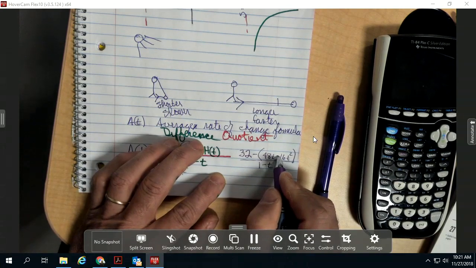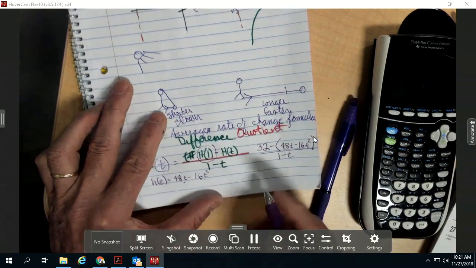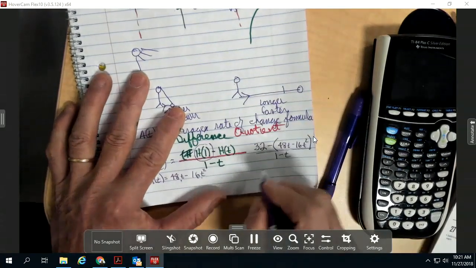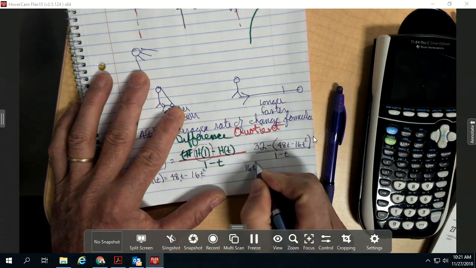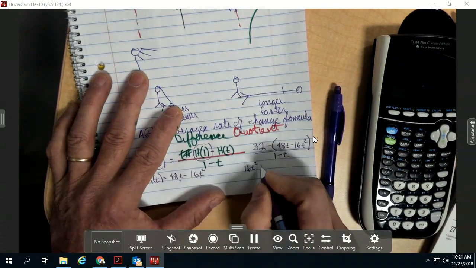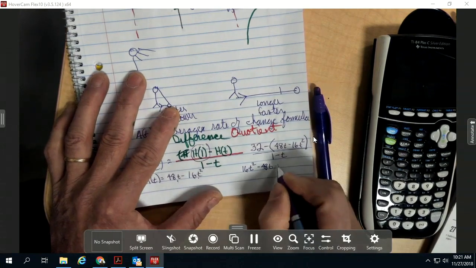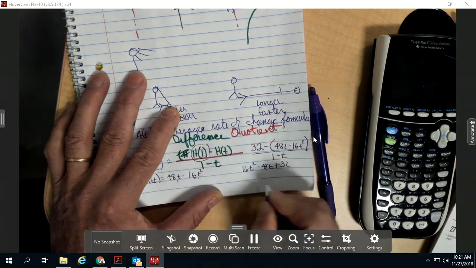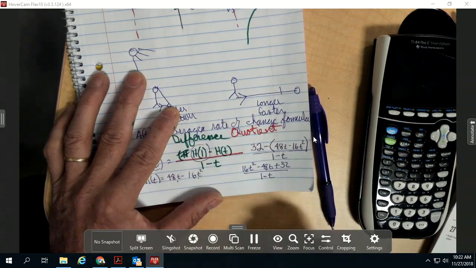Minus negative 16 is 16, correct? 16t squared minus 48t plus 32 divided by 1 minus t.